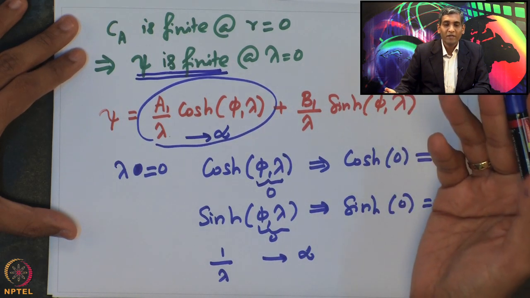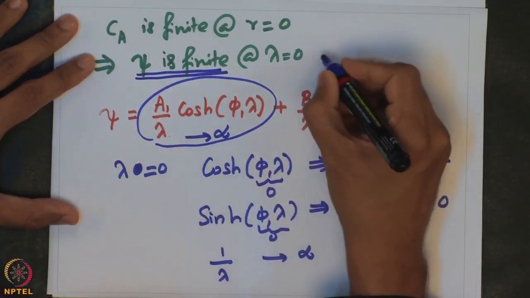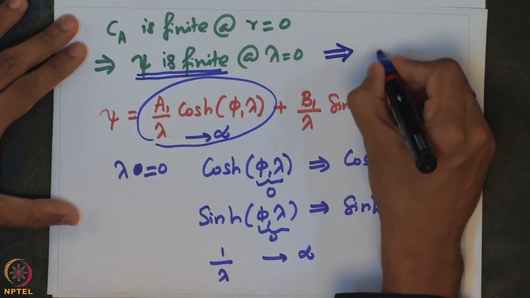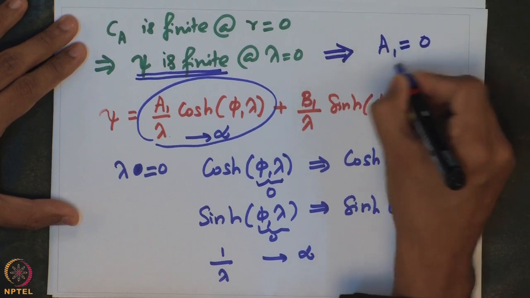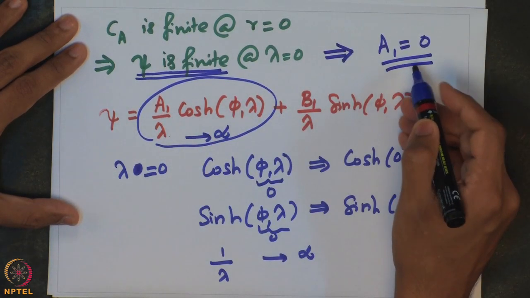The only way by which we can achieve a finite value, if one of the terms is infinity, is if the coefficient corresponding to that particular term is equal to 0. So, psi being finite at lambda equal to 0 can be achieved by setting this integration constant a1 equal to 0.